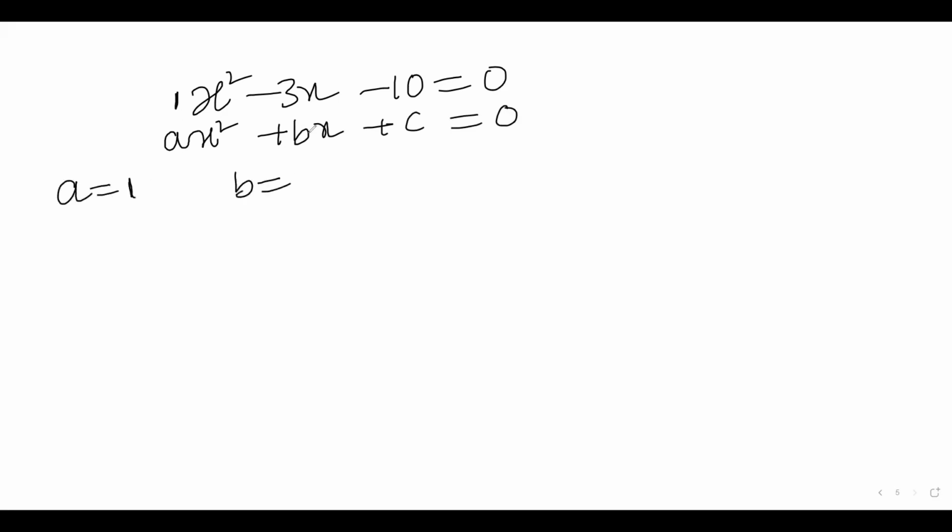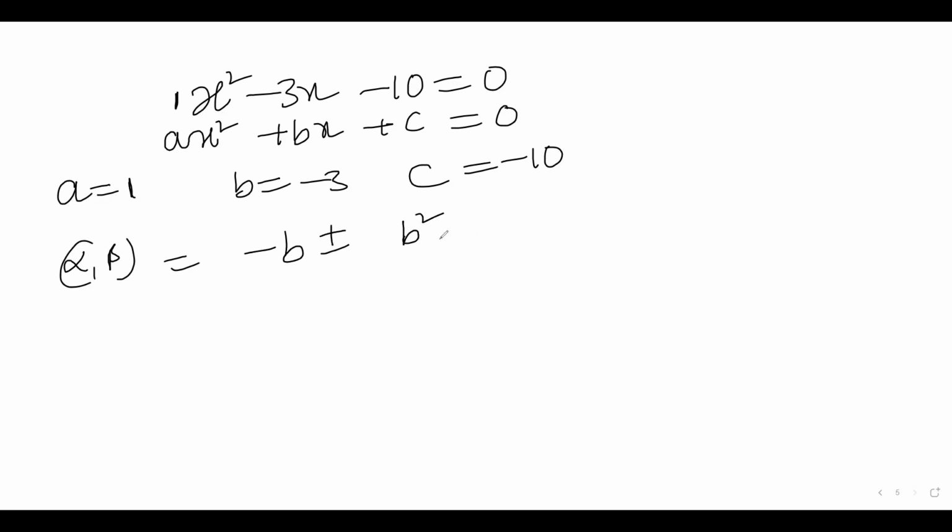B value minus 3. C value minus 10. Now after getting ABC values, apply the formula. Alpha beta is equal to minus b plus or minus under root b square minus 4ac by 2a.